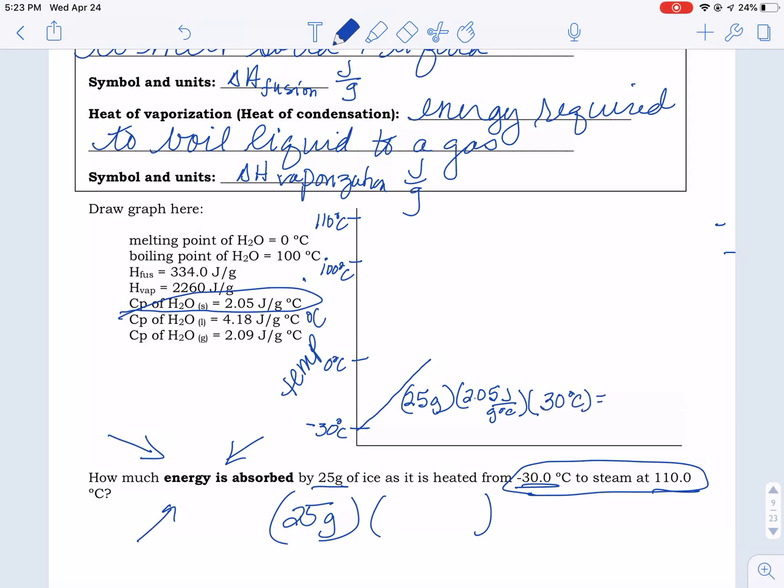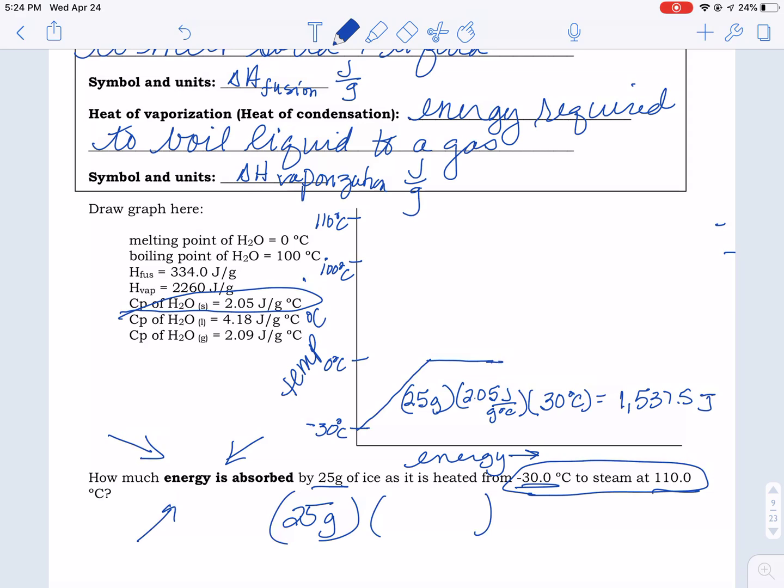If we do that math, 25 times 2.05 times 30, 1,537.5 joules. Once it hits 0 degrees, though, as it melts, the temperature is not going to change, so it's going to flatline. This is energy down here, by the way.